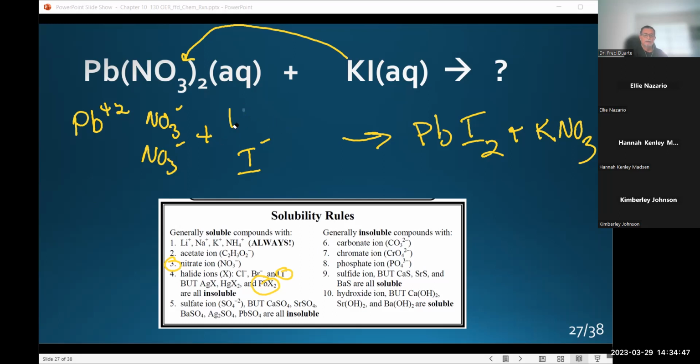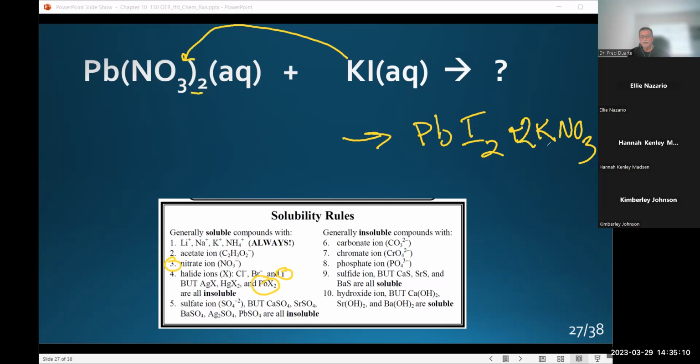Once I did that, I can balance them out. Again, I put the reactants in ionic form first so I can make sure I put them together in the right ratio for the products. And so I follow the nitrates. I got 2 nitrates here. I only got 1 here. So if I put a 2 there, it takes care of my nitrates, but that does kick up my potassium.